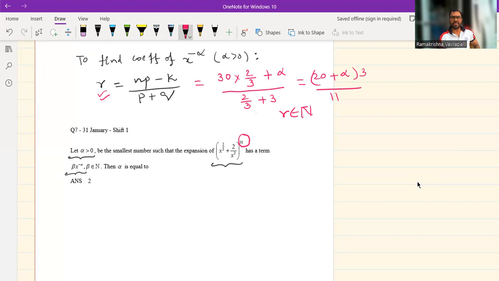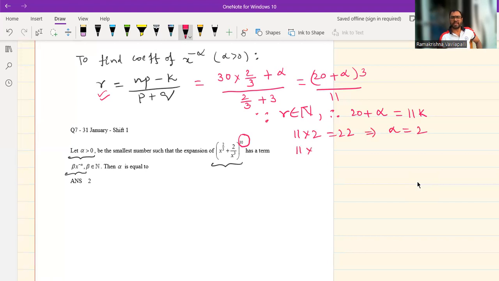So since R belongs to natural numbers, 20 plus alpha must be divisible by 11. Means it must be 11 into some natural number k. So very simple. 11 into 1, 11, 11 into 2, 22, right? So 11 into 2 equal to 22, right? So therefore, you will get alpha equal to 2.